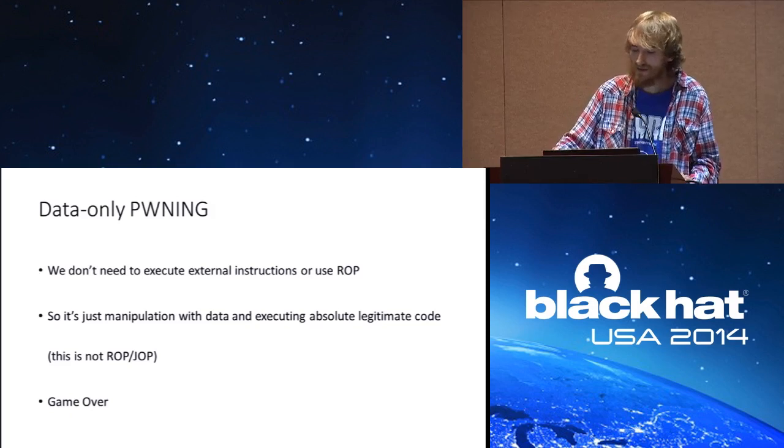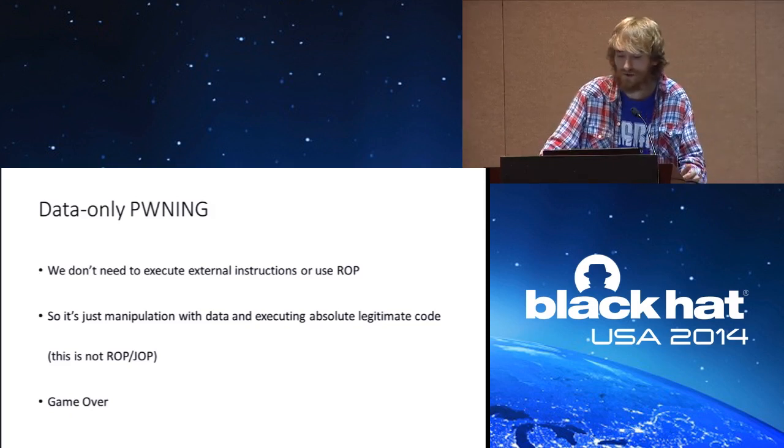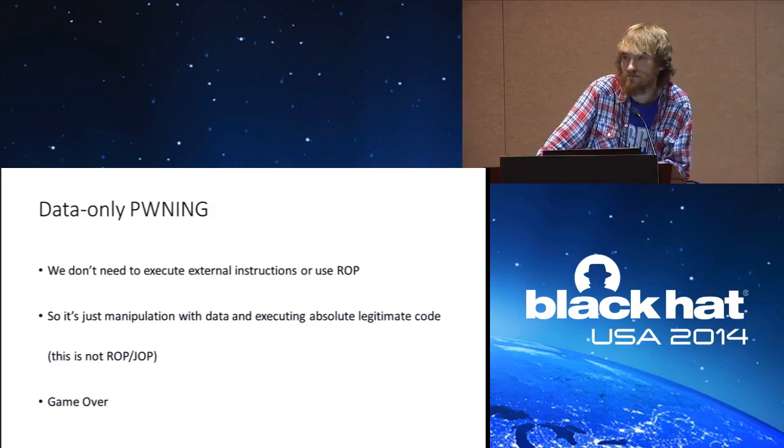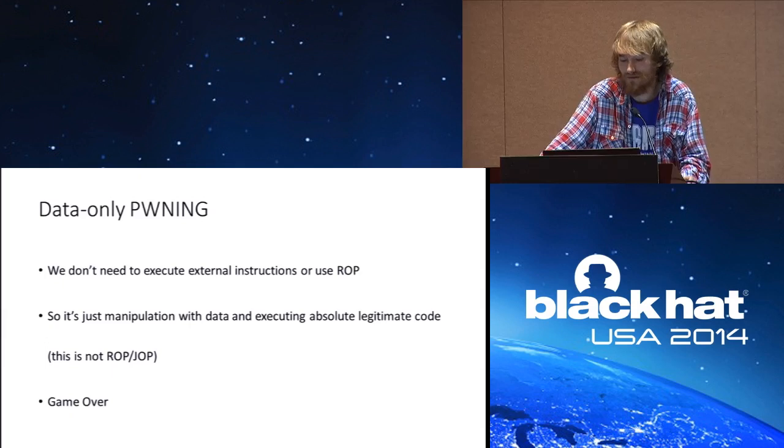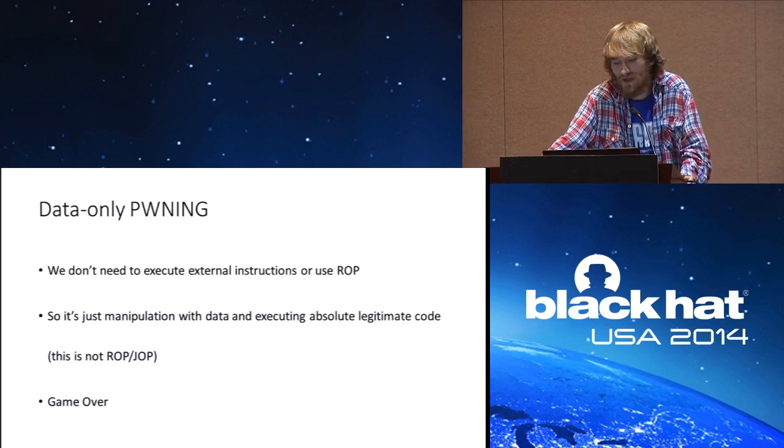But this method, for the hypervisor and for the kernel, is just triggering system services, and that's it. So it's a kind of legitimate way, but because objects are corrupted, you can do whatever you want with kernel memory.